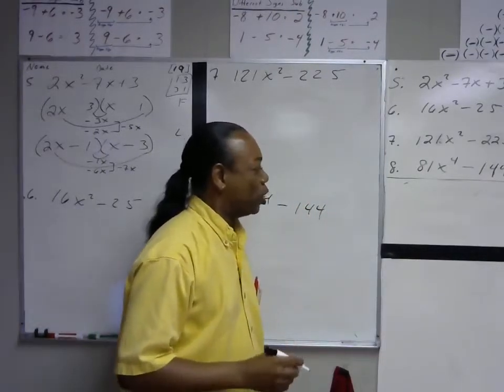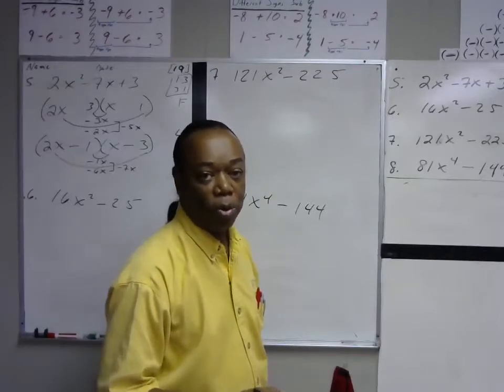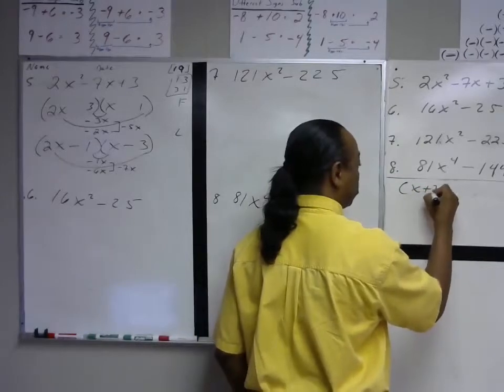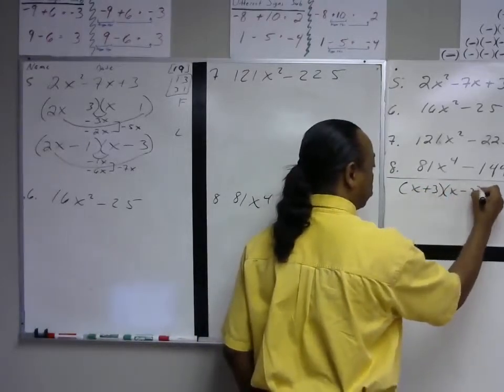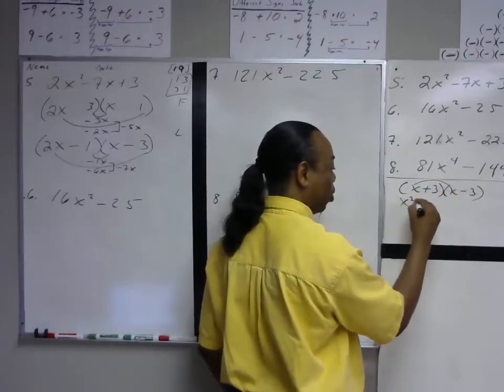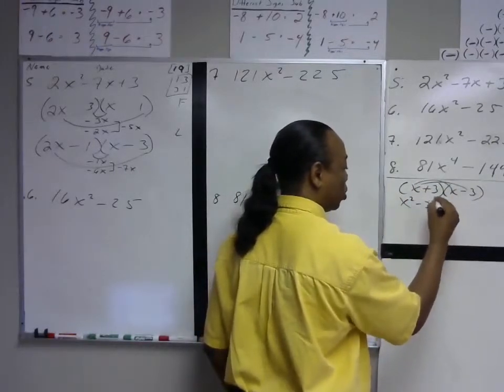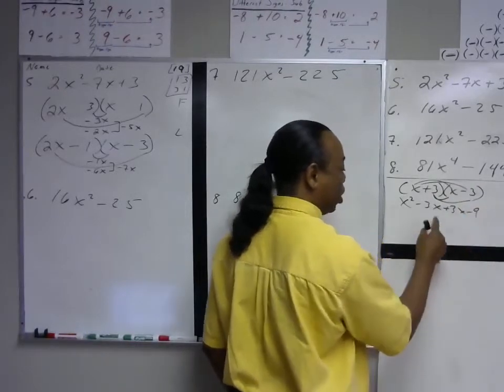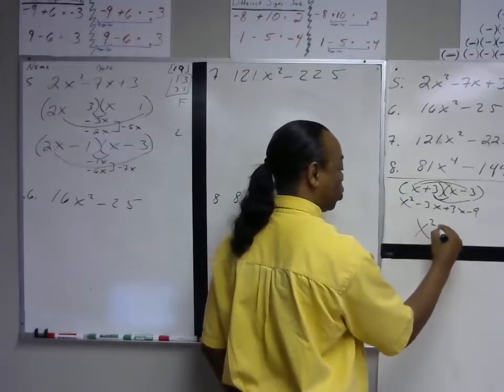When someone multiplies two binomials that are conjugates, we multiply them using FOIL. We get x squared, negative 3x, positive 3x, and negative 9. These two cancel, and we end up with x squared minus 9.